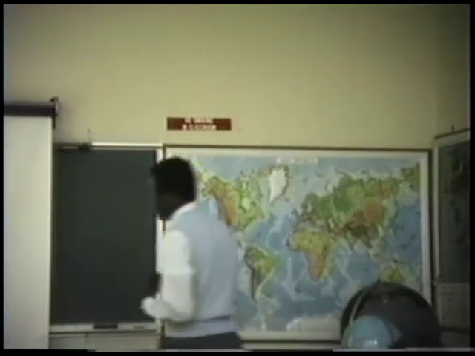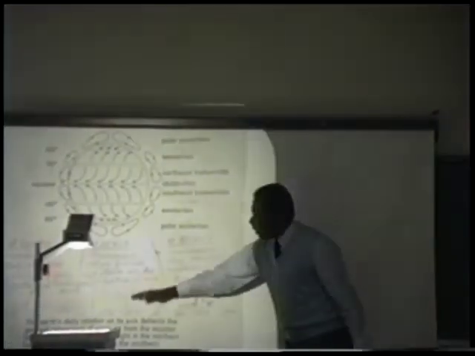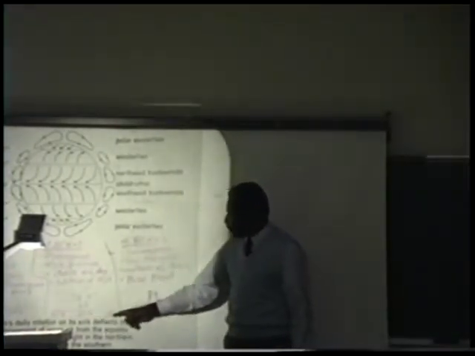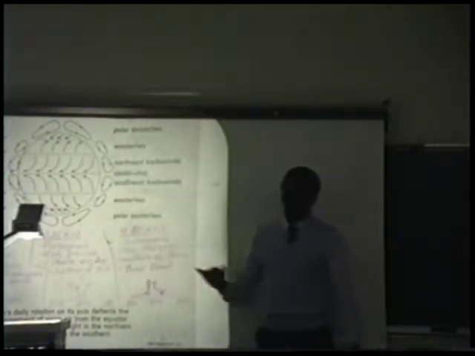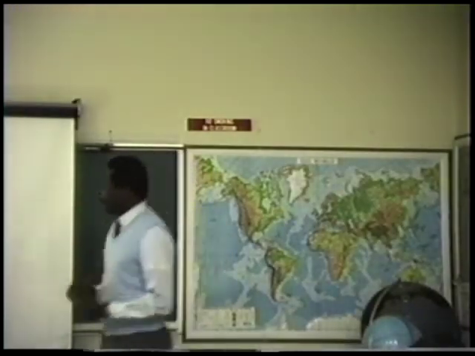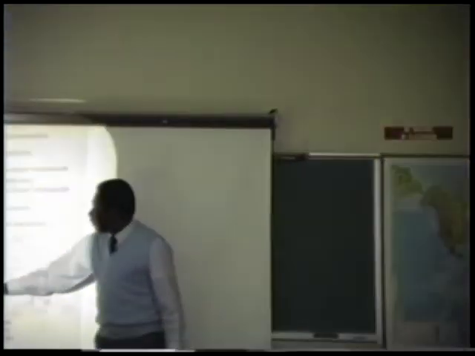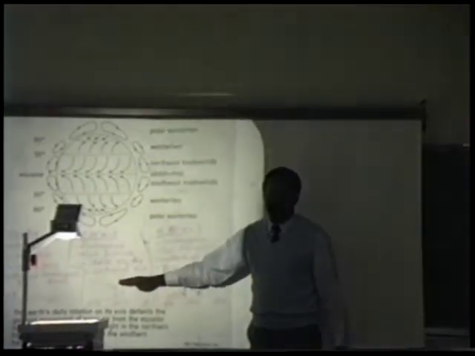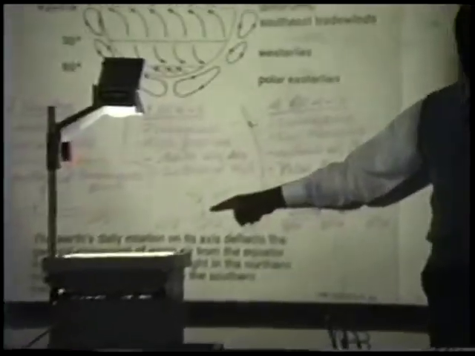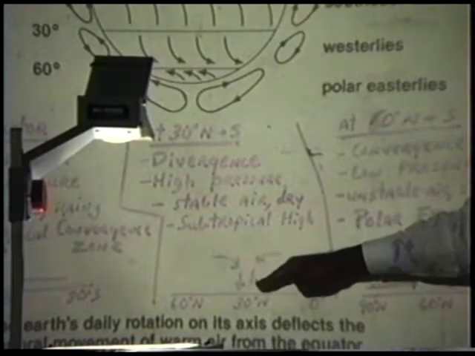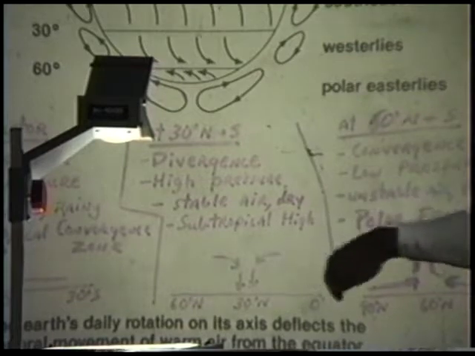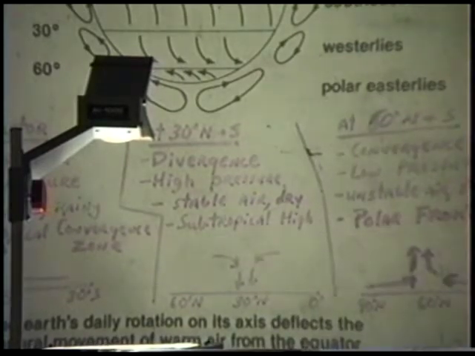Now, this is illustrated by the small diagram at the bottom. You see here 30 degrees north, 0 degrees over here, 60 degrees over here, looking at these latitudes in this perspective in a horizontal fashion. We see that as air diverges or sinks at this particular latitude, this causes a greater amount of pressure on the Earth's surface, and then it has a tendency to move away from this particular latitude.